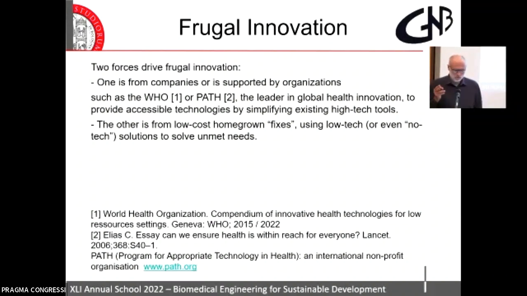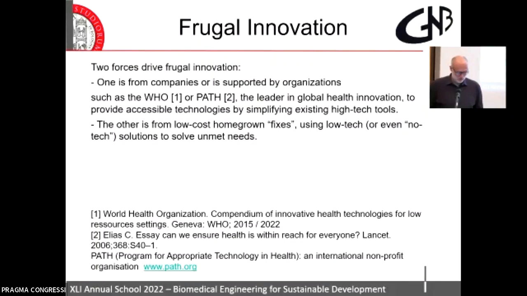Two forces drive frugal innovation. One is from companies or organizations such as WHO and PATH, and the other is from low-cost, homegrown fixes using low-tech or even no-tech solutions.